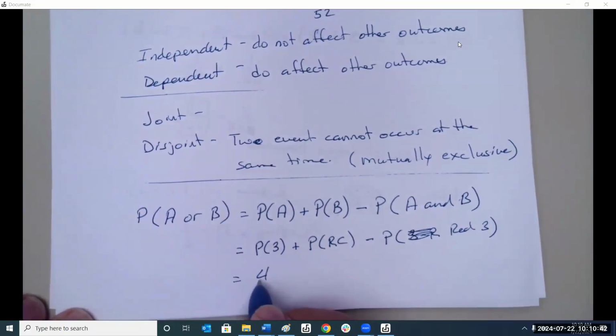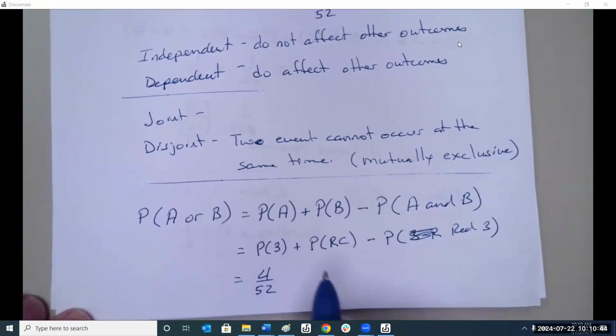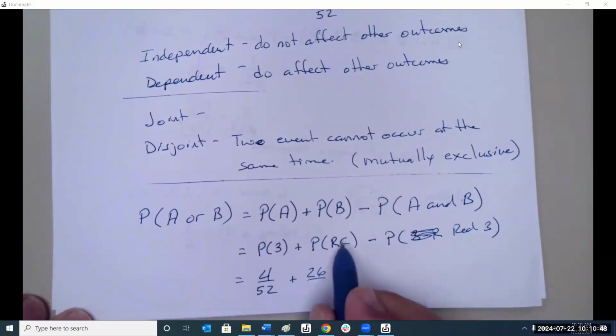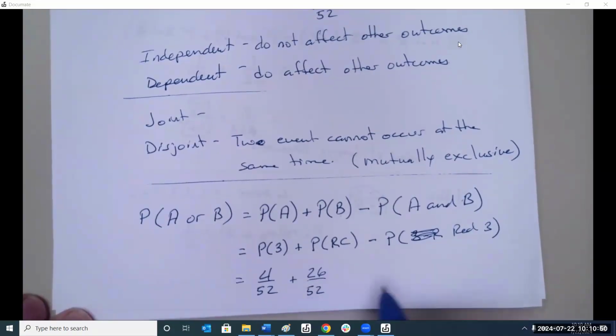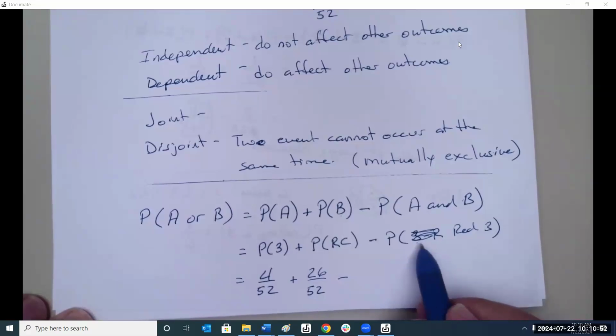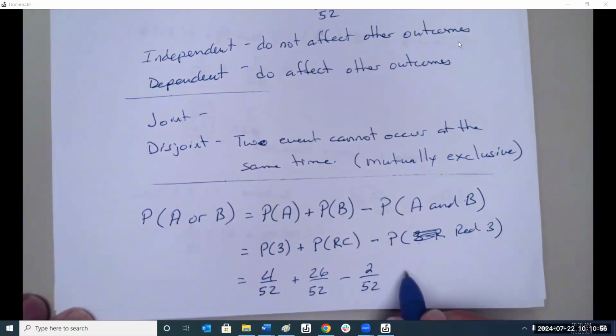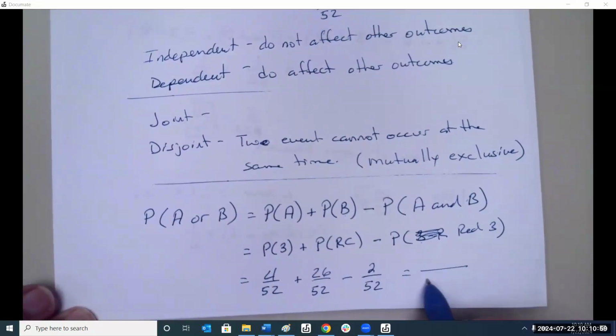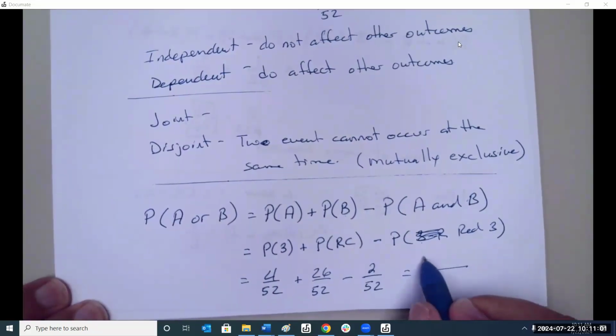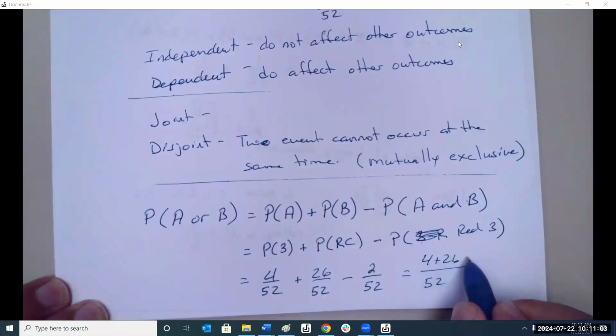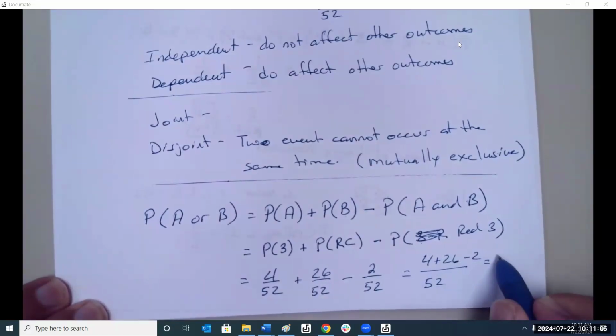Because we have 4 out of 52 cards that are 3s. We have 26 of them that are red out of 52. And there are 2 red 3s in that deck. So we have 4 plus 26 minus 2 is 28 over 52.